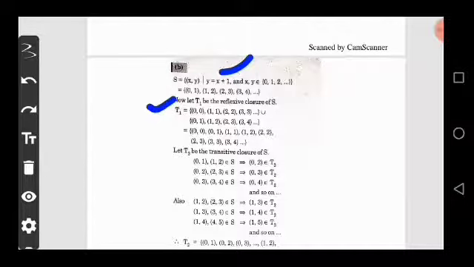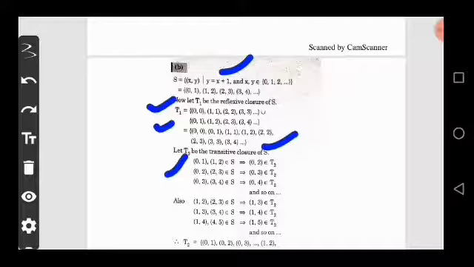Now let T1 be the reflexive closure of S. In the reflexive closure, T1 is (0, 0), (1, 1), (2, 2), (3, 3) and so on, union (0, 1), (1, 2), (2, 3), (3, 4) and so on. So we got this closure property.